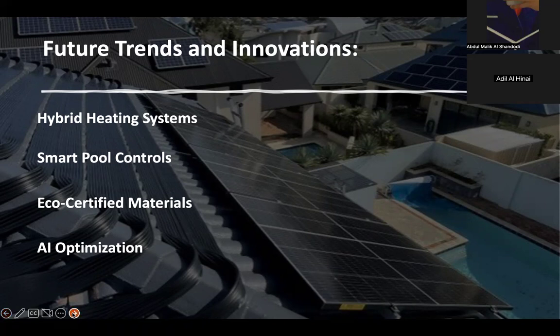The third one is eco-certified materials, sometimes also called green materials, which are pumps, pipes, and filters made through low impact manufacturing. And the last one is AI optimization, which changes energy use in real time, aided by algorithms.